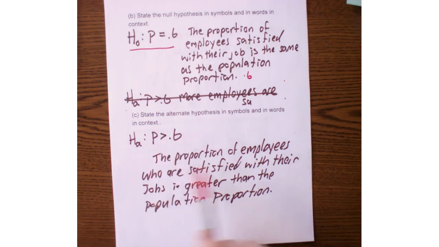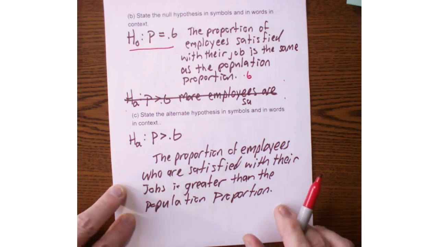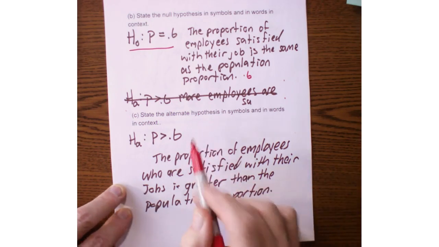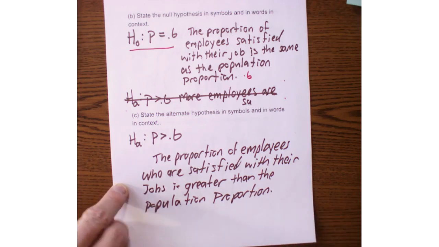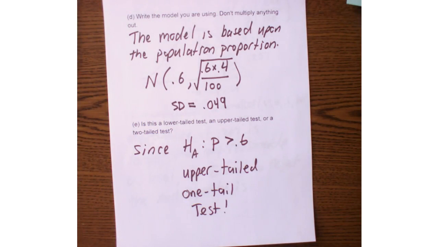The proportion of employees who are satisfied with their jobs is greater than the population proportion. And so I'm looking for evidence that leads me to believe that maybe the proportion is greater than 0.6, but I really won't know until I continue on.